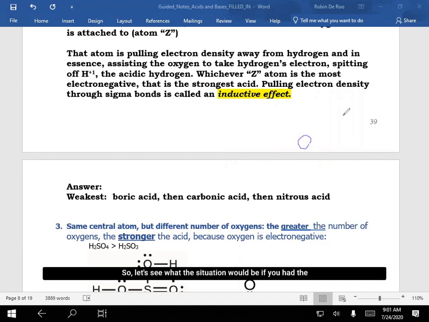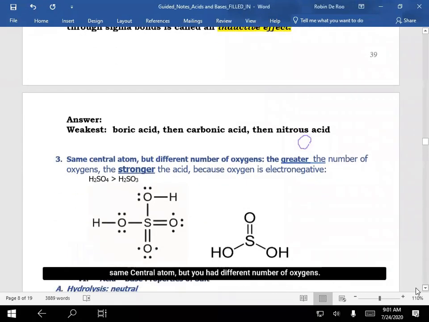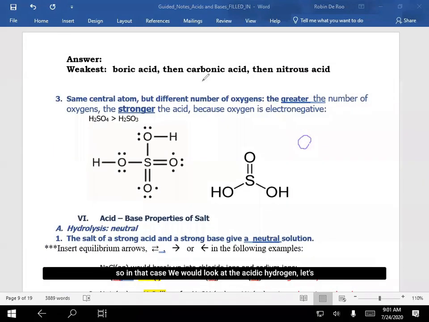So let's see what the situation would be if you had the same central atom, but you had different number of oxygens. So in that case, we would look at the acidic hydrogen. Let's find it.